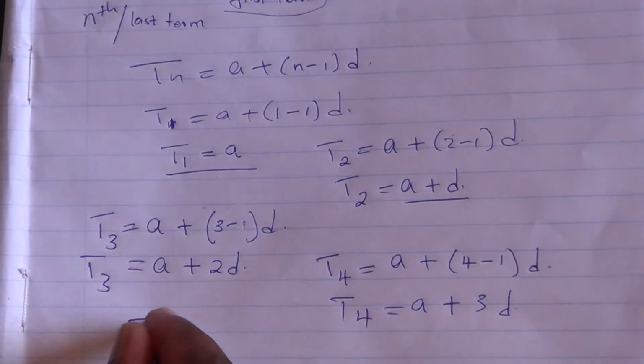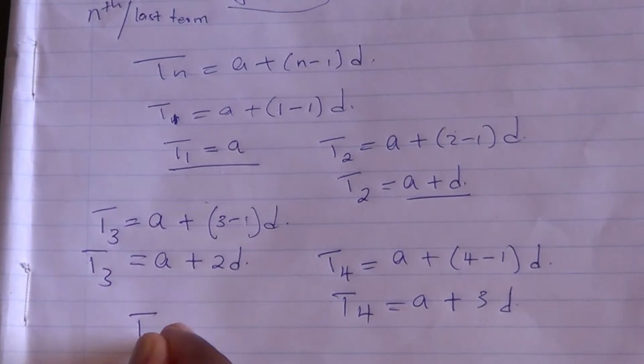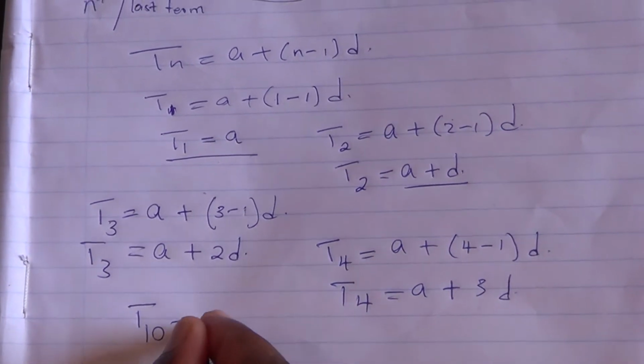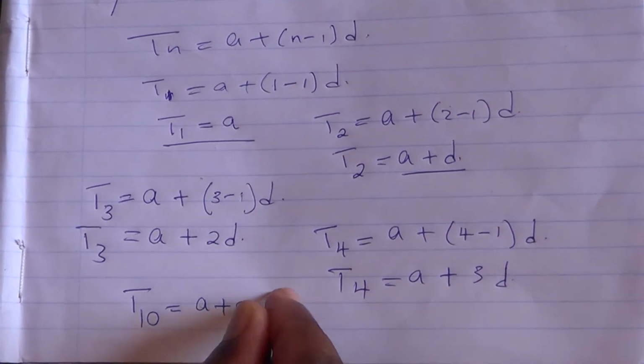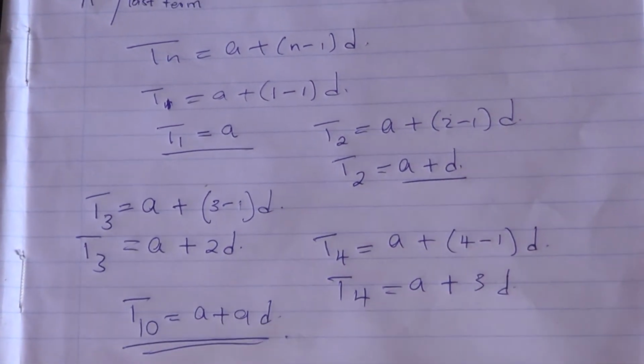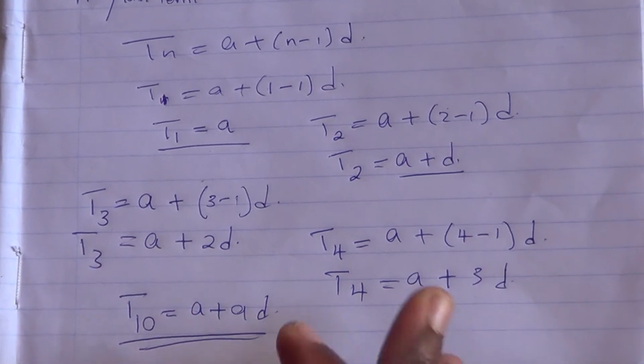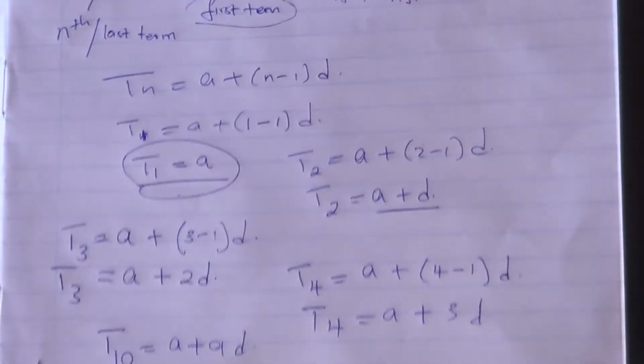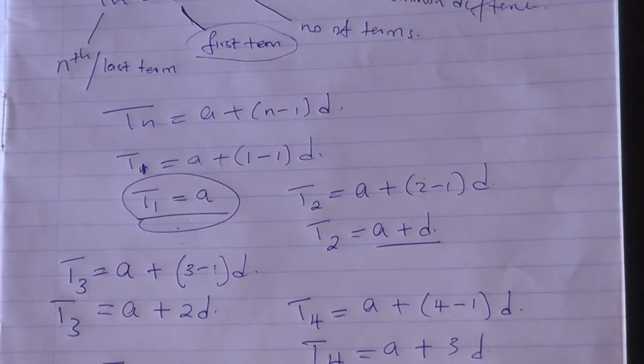So by looking at this, what about T10? T10 will be a + 9d. This is how we reached T1 equals a, the first term.